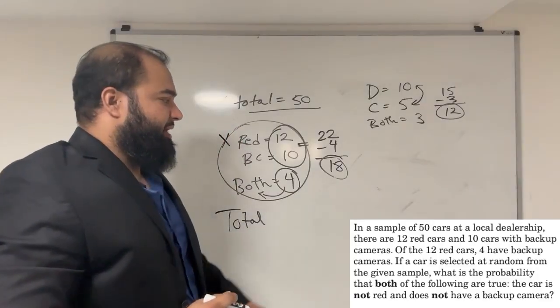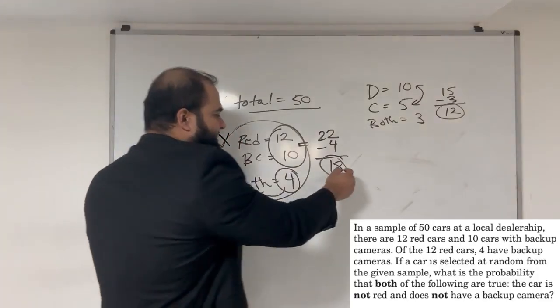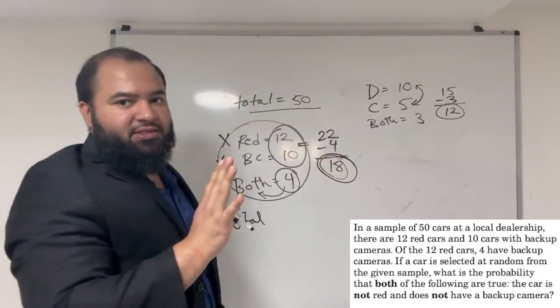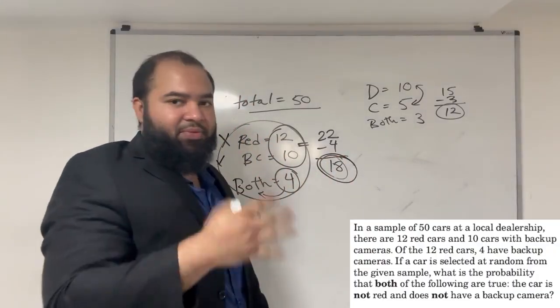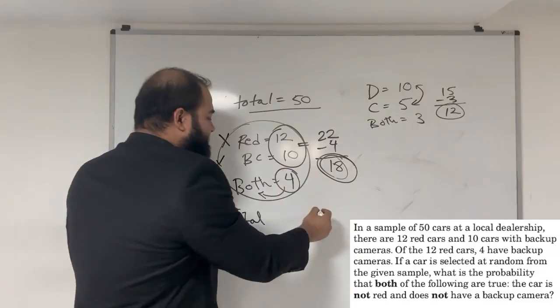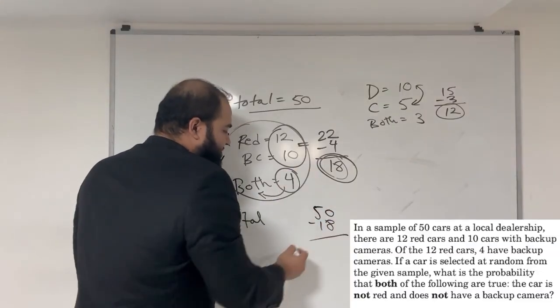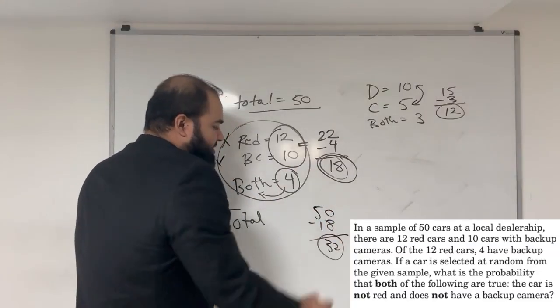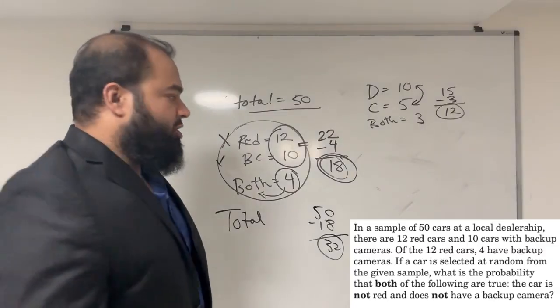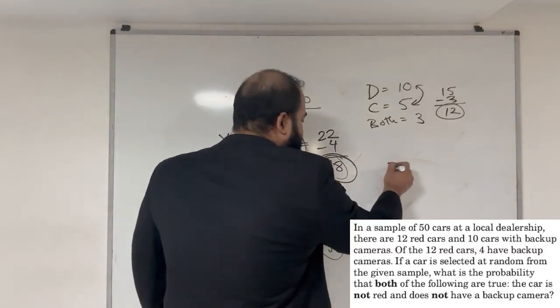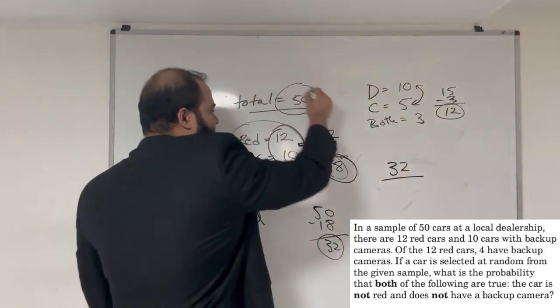And it doesn't have a backup camera. So technically these 18 cars we don't want to select because they have either red or backup cameras. So 50 minus 18 is how much? It's 32. Right? So these 32 cars are what we're selecting. So 32 out of, remember, total sample was 50.